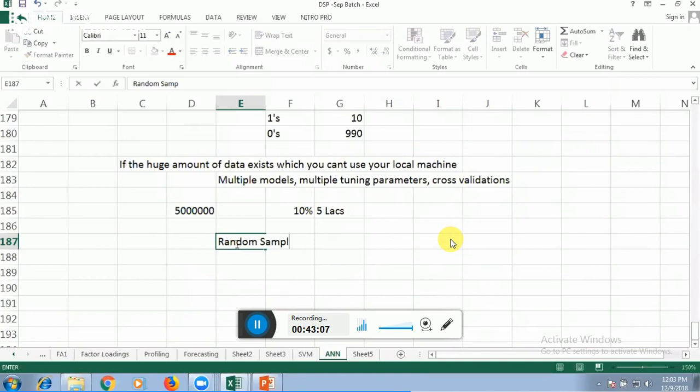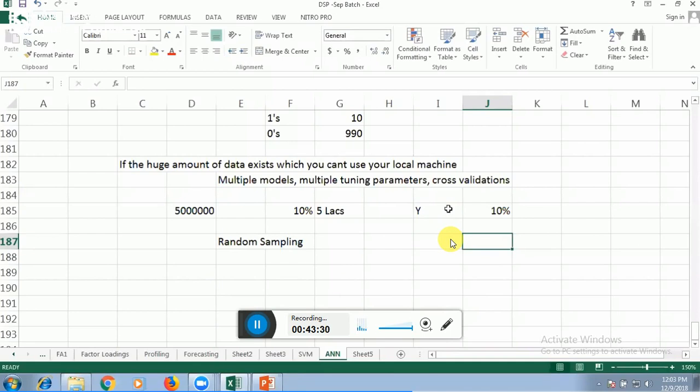Okay, see, the random sampling we are doing will take care of the randomization. When you take a random sample, you will get approximate values. For example, if your Y has 10% ones, your random sample of 10% will also have approximately 10%.